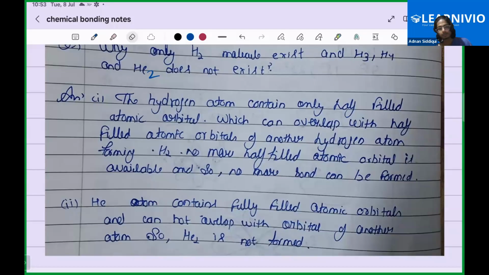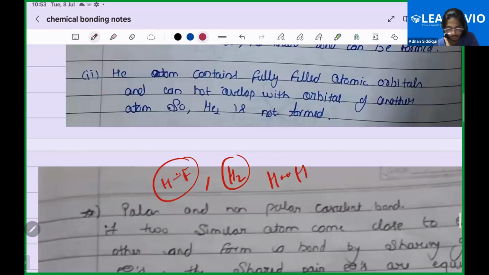H2, no more half-filled atomic orbital is available. You want to see? Let me draw it for you. Yeah, I understood. Now I'm on the second point.